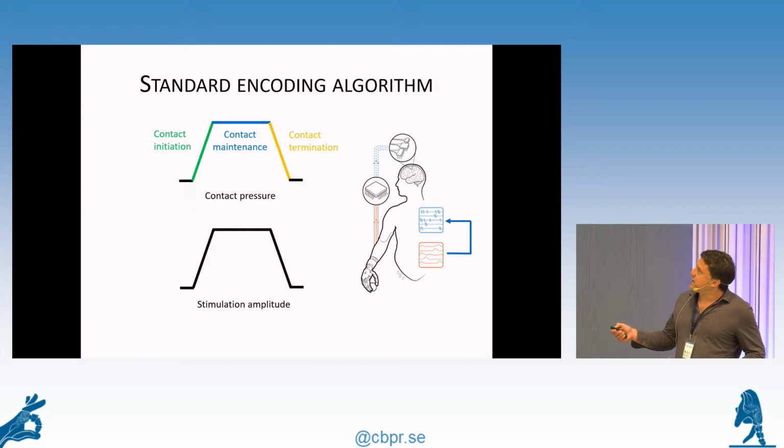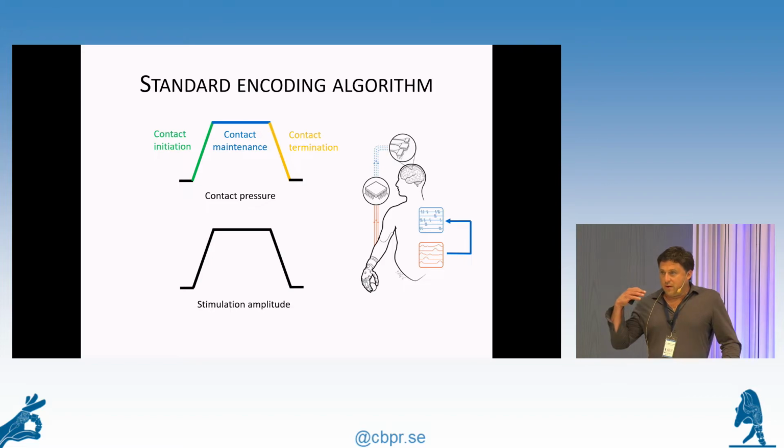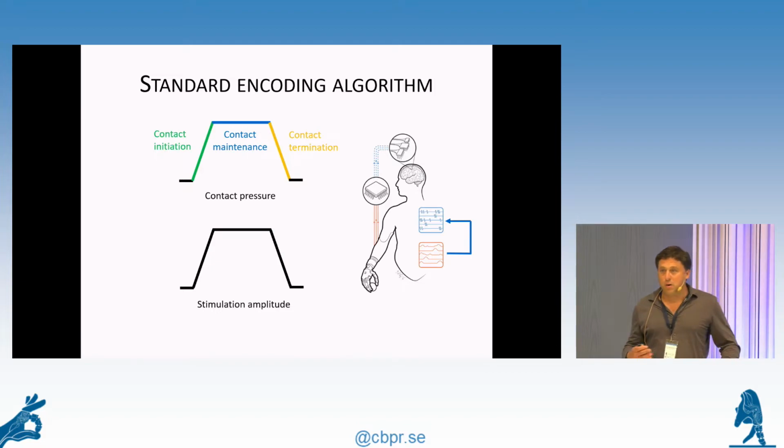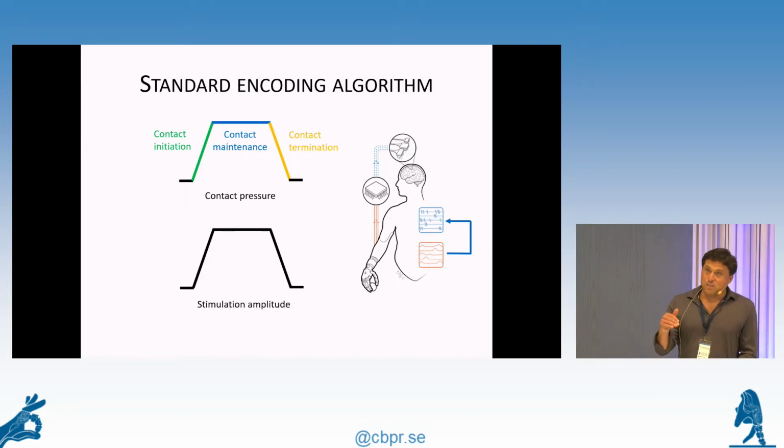You maintain contact with the object, the force stays relatively constant, and then you let go of the object, and the force goes down. And so the way the algorithm works is you basically modulate either the amplitude or the frequency or both of the stimulation to track whatever the output of the sensor is. And that seems, at first pass, like a reasonable approach. And that's an approach that actually does improve performance. So it's a good first pass.